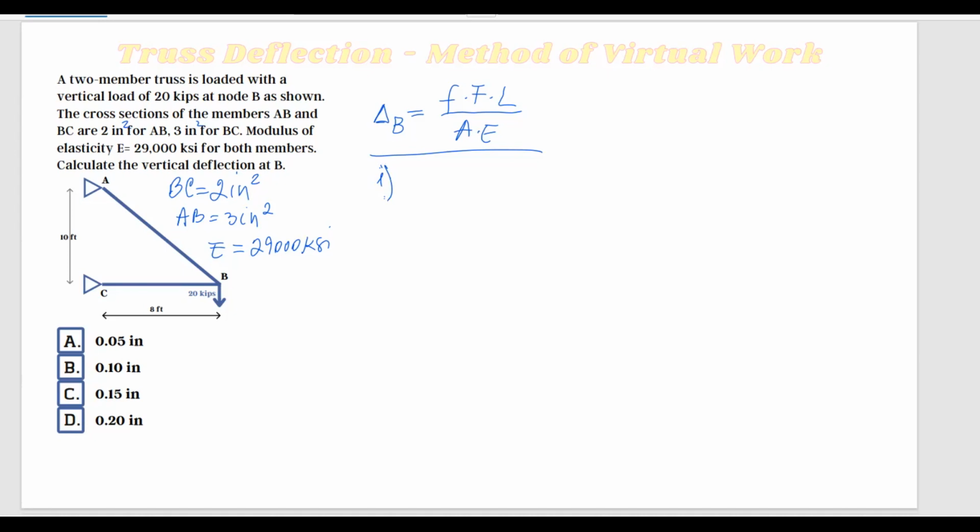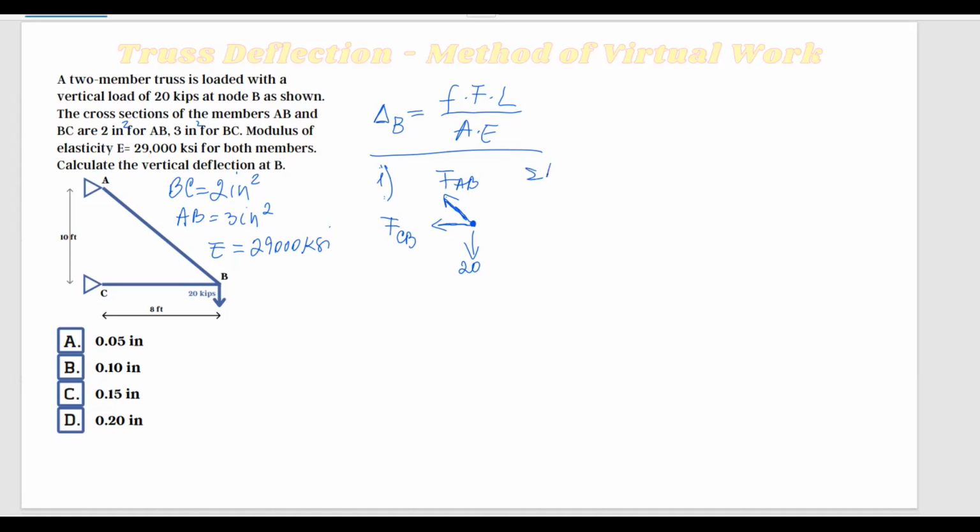In order to calculate the deflection at point B, we're going to start by first calculating the forces in each member. And we're going to do that by using the method of joints here. So if I take node B, I have the 20 kip force pulling down, and then I have force CB and FAB.